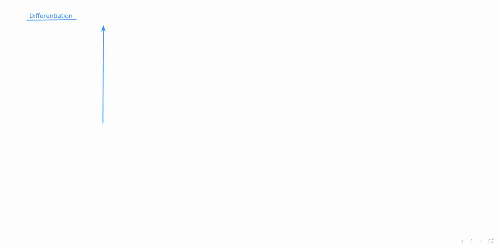We have this x and y axis. So this is the x and y axis. So y is some function of x.